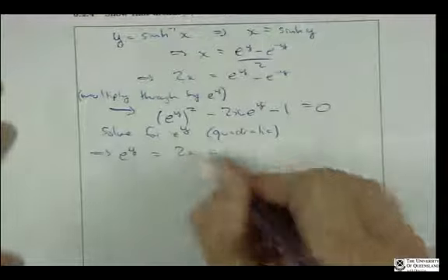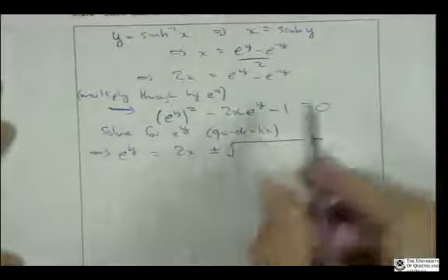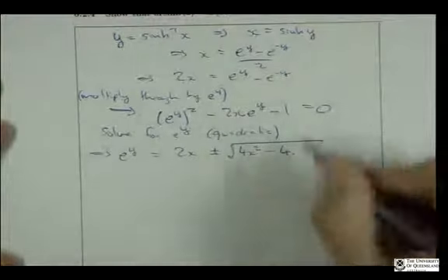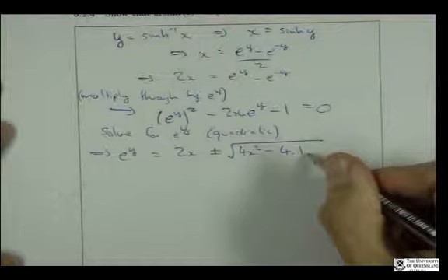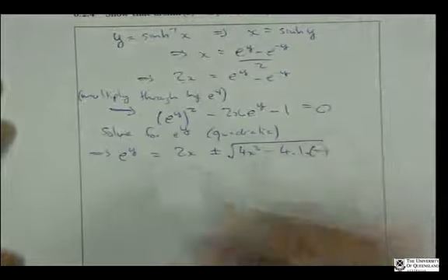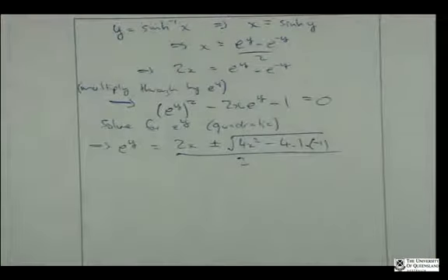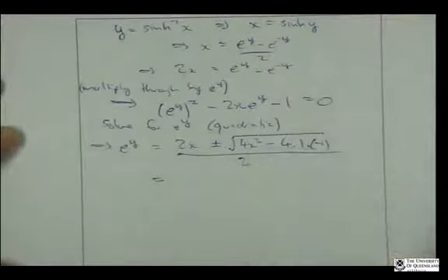That's 2x plus or minus the square root of 4x squared minus 4 times the coefficient of the square term times the constant term, which is negative 1 in this case, all divided by 2 times the coefficient of the square term.